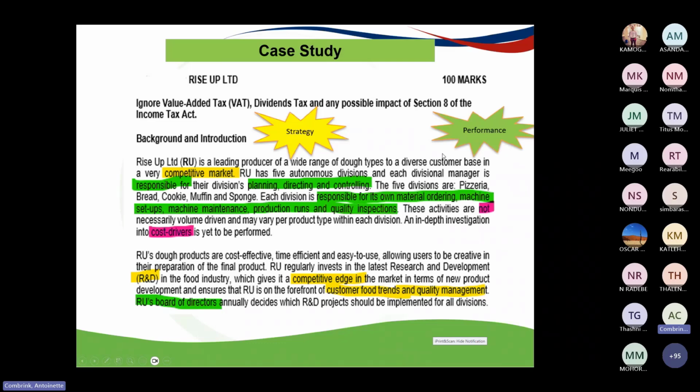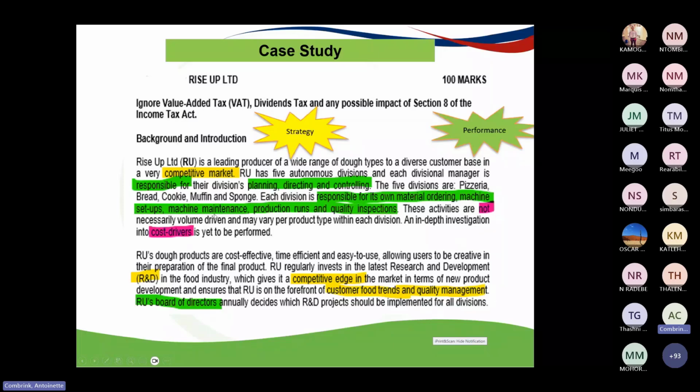What's important here is that when you want to determine someone's performance, they have to be in charge or controlling that cost. Otherwise, it won't be fair to base their performance on a KPI that they have no control over. Then the question goes further to say these activities are not necessarily volume driven and may vary per product type within each division.